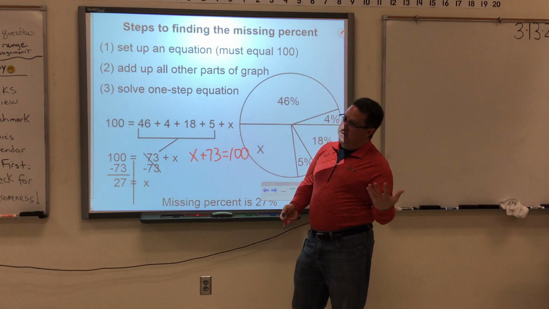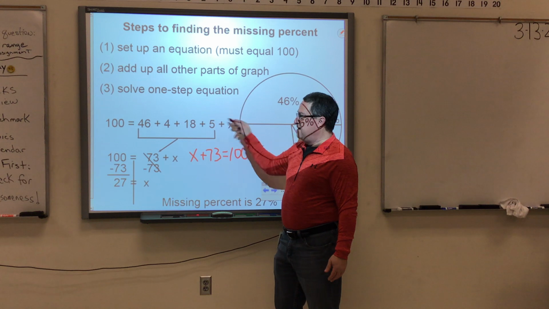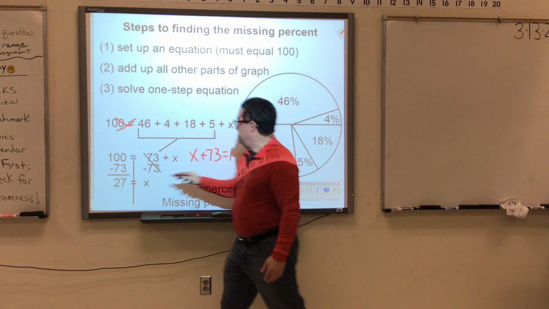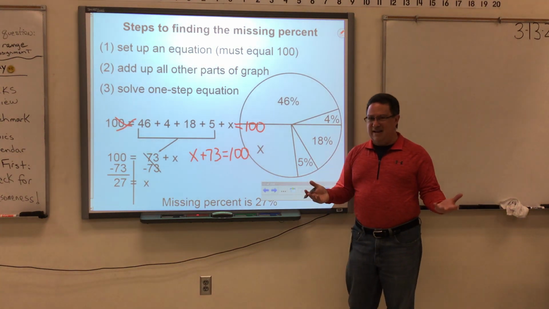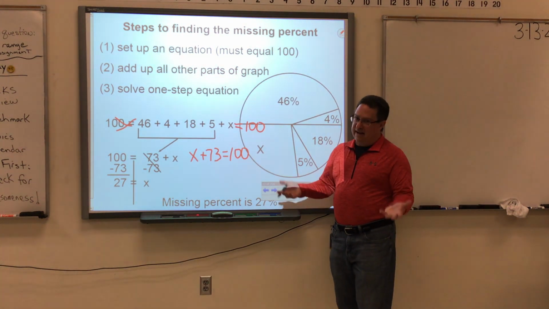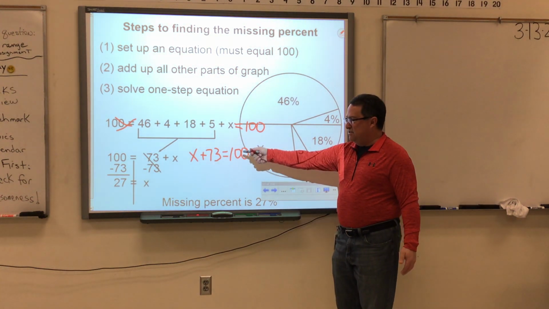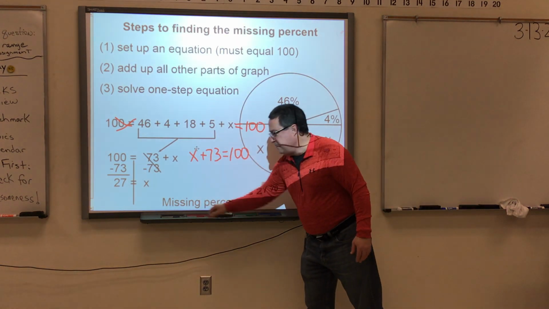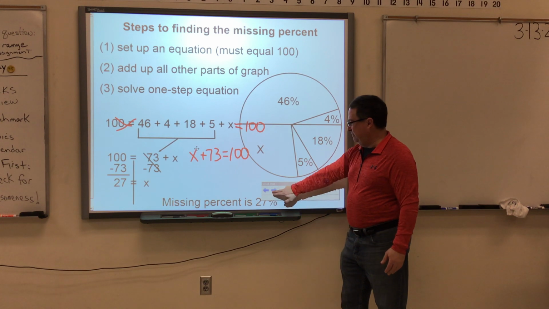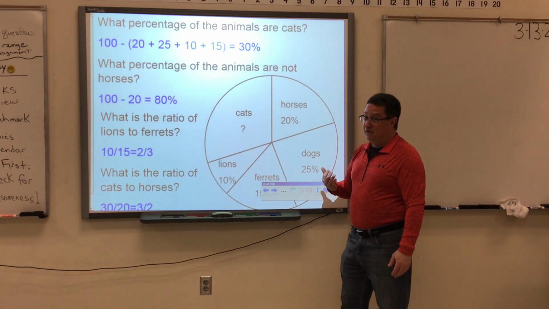Or, for those of you that really would like, start up here and rewrite it, equals 100. Remember, it doesn't matter which way you do it, the answer comes out the same either way. Just make sure that you are subtracting because it is an addition problem. Simple, yes?